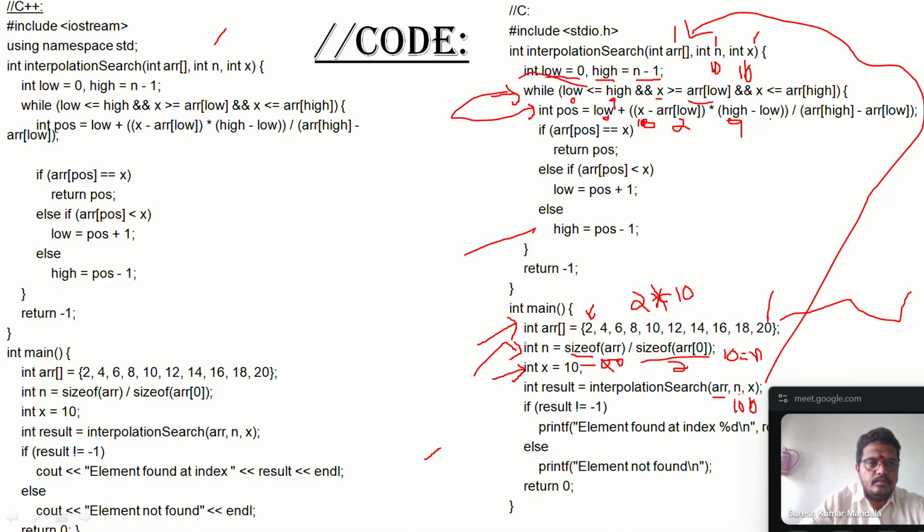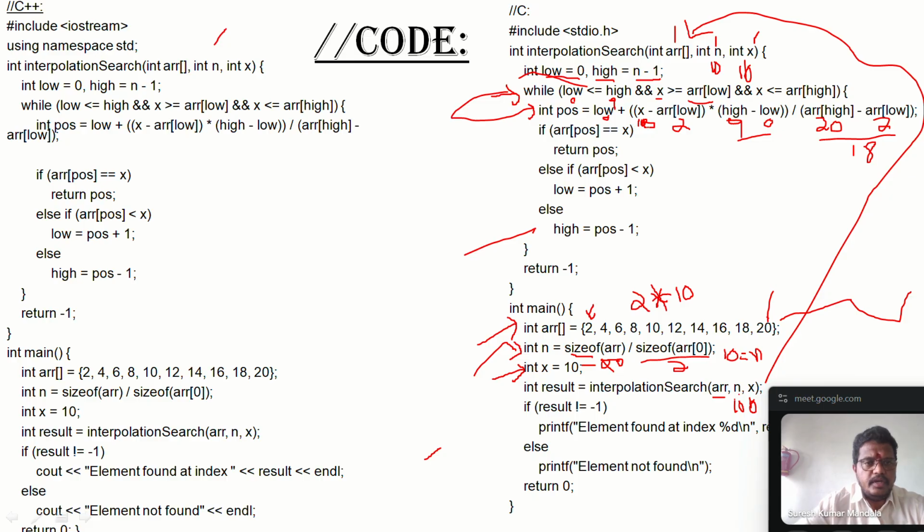Low is 0. Arr of high is 20. Arr of low is 2. 20 minus 2 gives 18. And 9 minus 0 is 9.